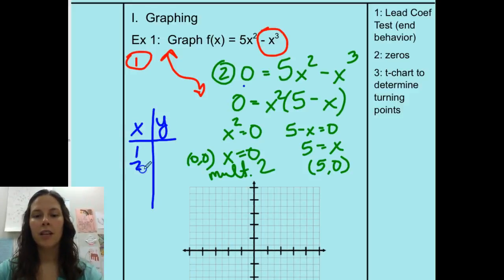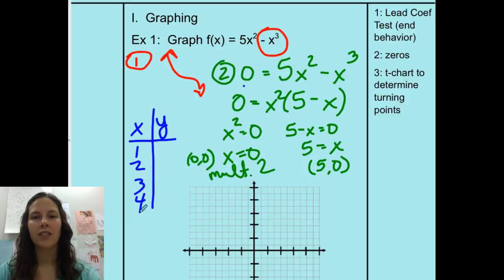So we will sub in those values between 0 and 5 into our function to determine where either the highest or the lowest point is, depending on if the graph is increasing or decreasing between the zeros. Subbing in 1, we have 5 minus 1 is 4. Subbing in 2, we have 20 minus 8, which is 12.